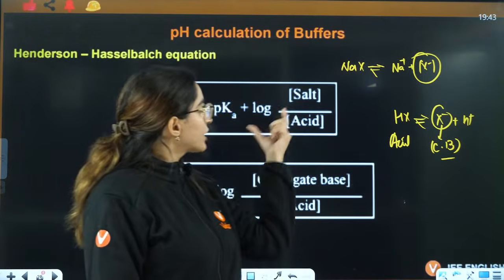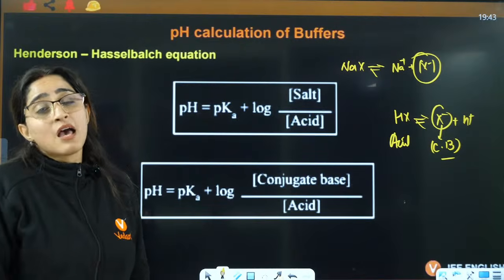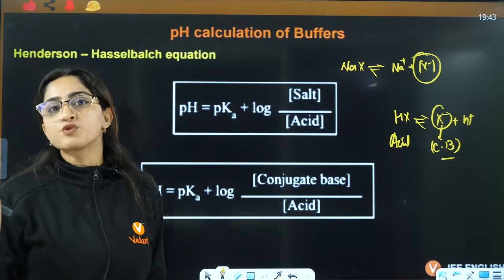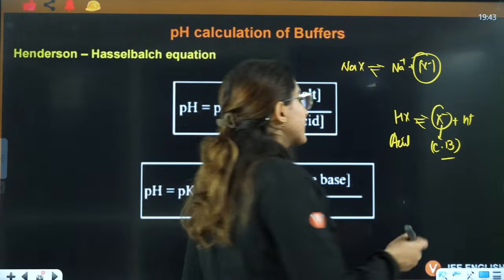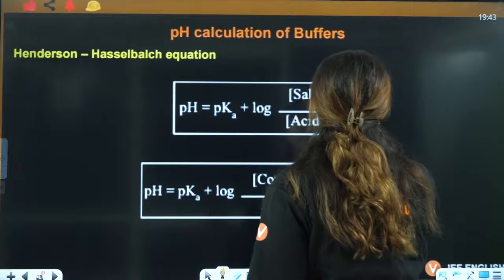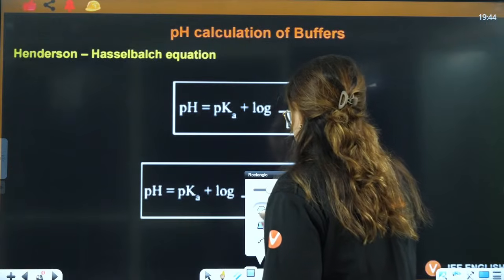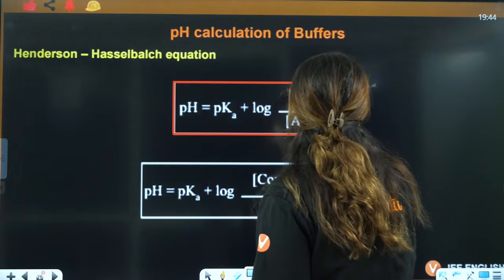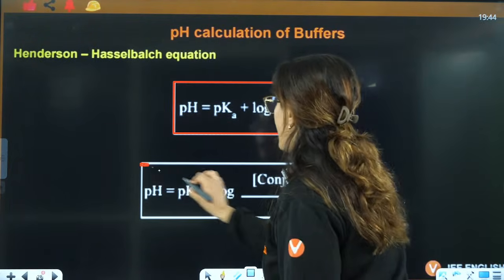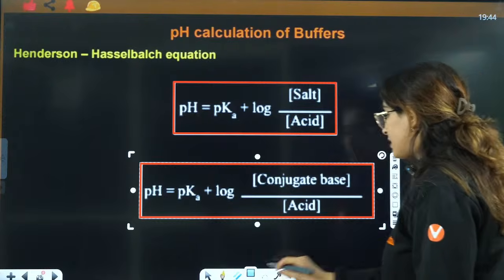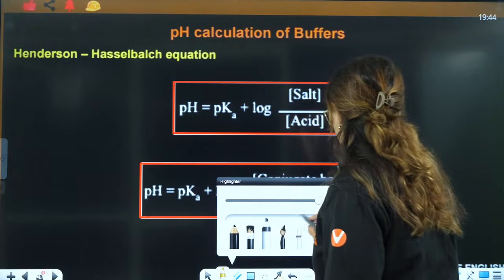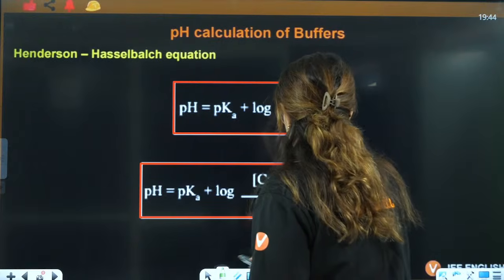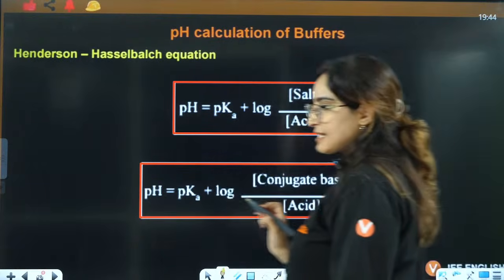That's why, instead of salt, you can write conjugate base. They can say the concentration of conjugate base, or they can say the concentration of salt. This way they can confuse you, so we have written both of them here. These are extremely important formulas for you.